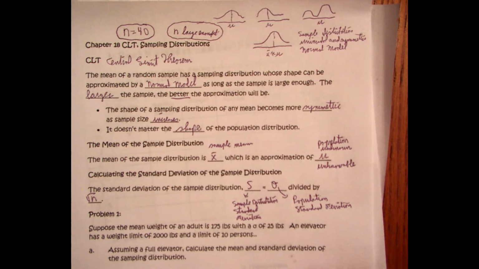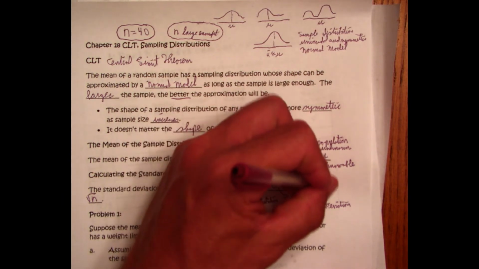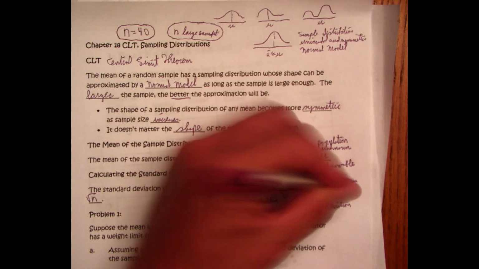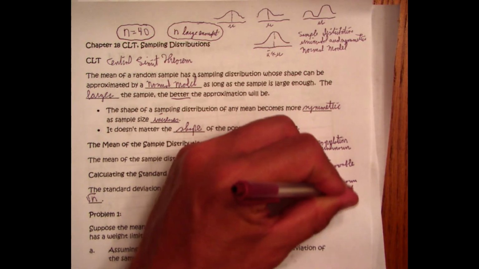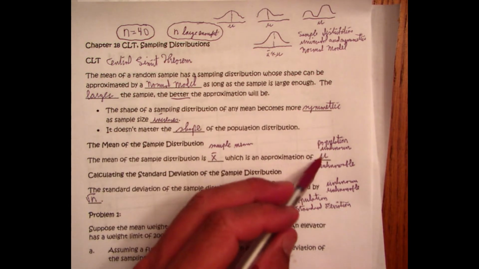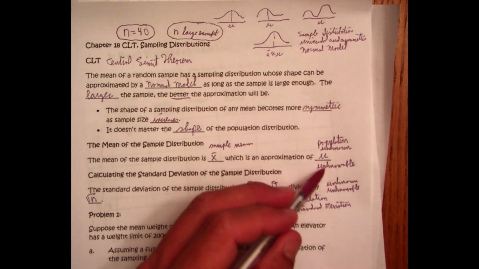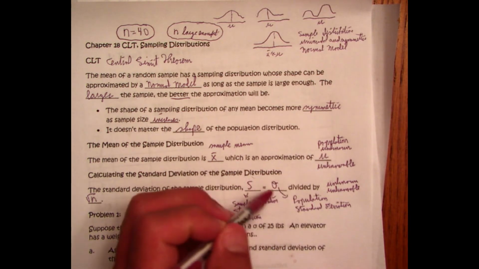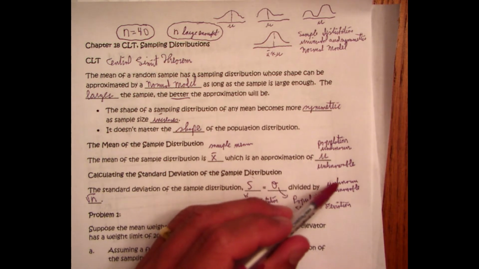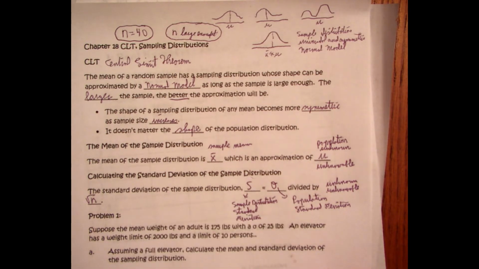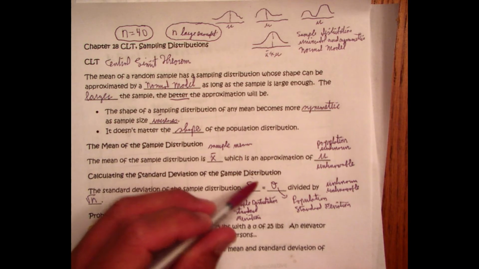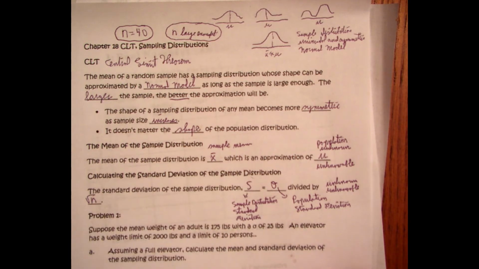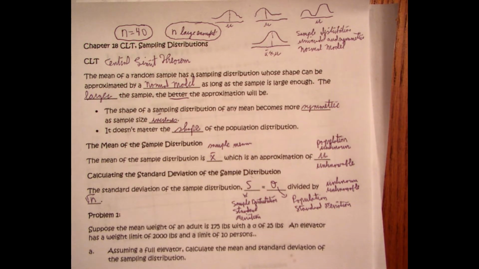Again, sigma is most of the time unknown and unknowable. If you can't find mu, because that's unknown and unknowable, then sigma, since standard deviation is calculated from the mean, is going to be unknown and unknowable also. So when we're dealing with our sample distributions, we're going to be dealing with x bar and the sample distribution standard deviation.